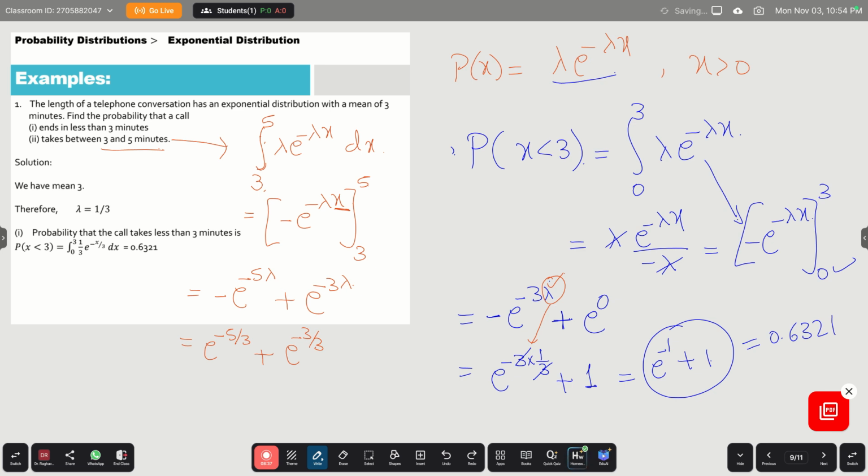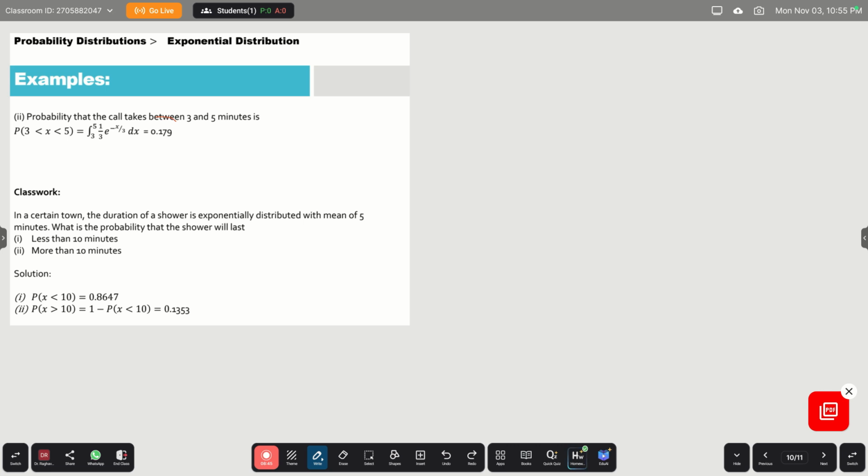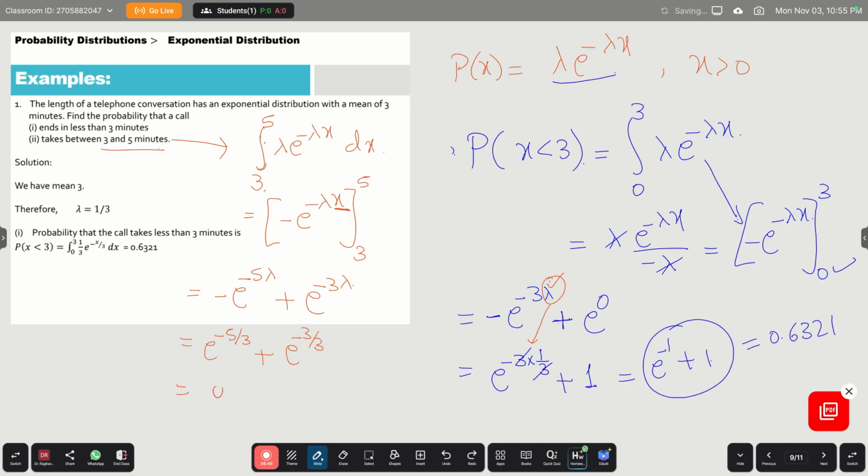After your calculation, the final value will be 0.179. So 0.179 will be the probability that the call will be more than 3 minutes and less than 5 minutes.